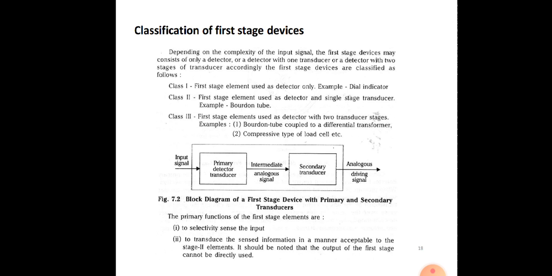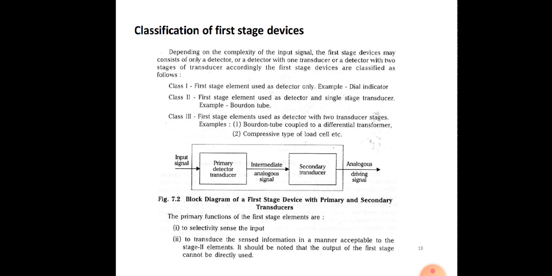Then what are the primary functions of the first stage elements? The first function is to selectively sense the input; the first stage element should sense only the input. The second primary function is to transduce the sensed information in a manner acceptable to stage 2, the intermediate stage.